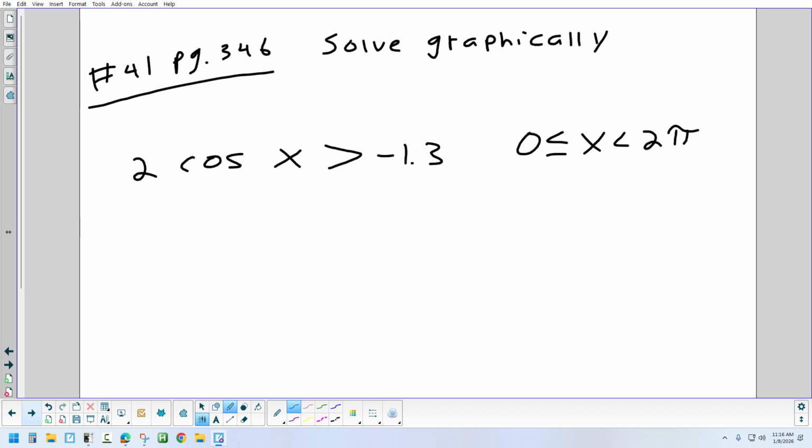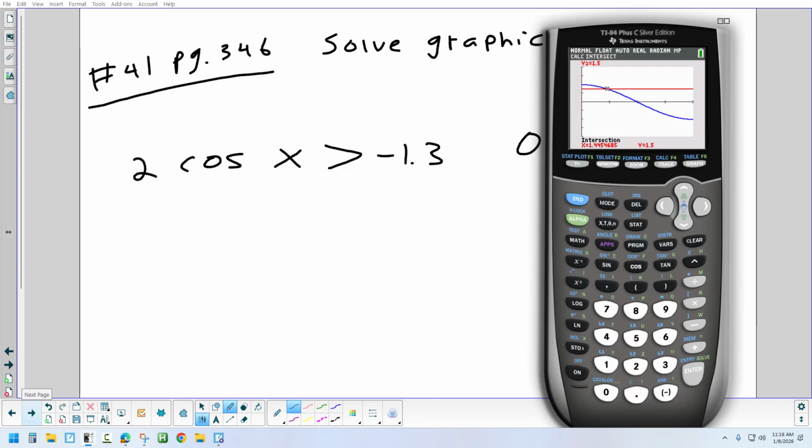All right, let's try this one. 2 cosine x is greater than negative 1.3. Okay, what's going to go in y1? 2 cosine x, and then in y2? Would it still be negative 1.3?